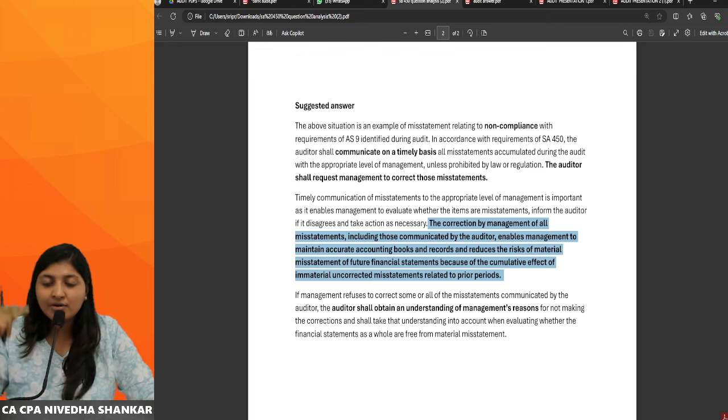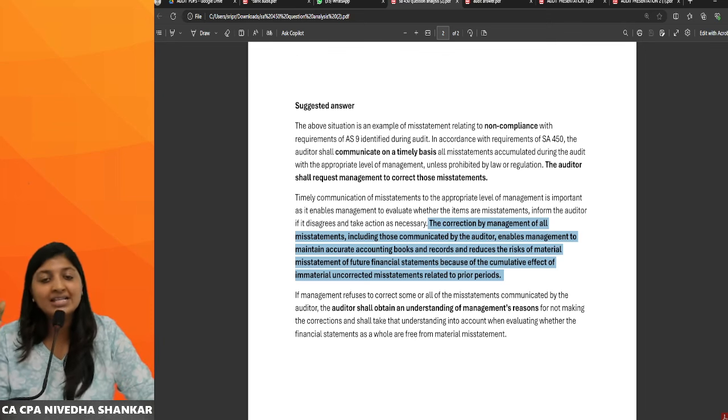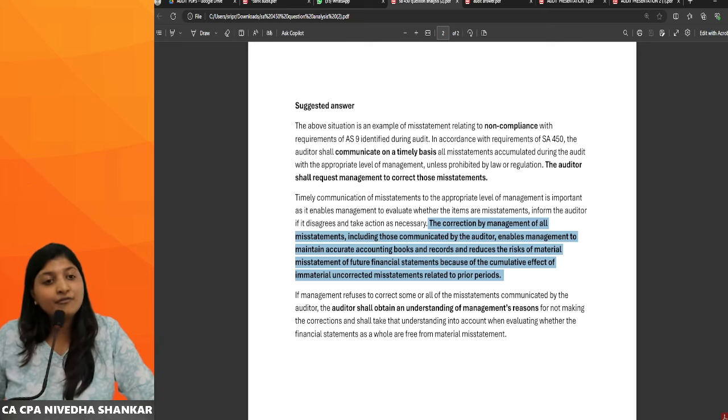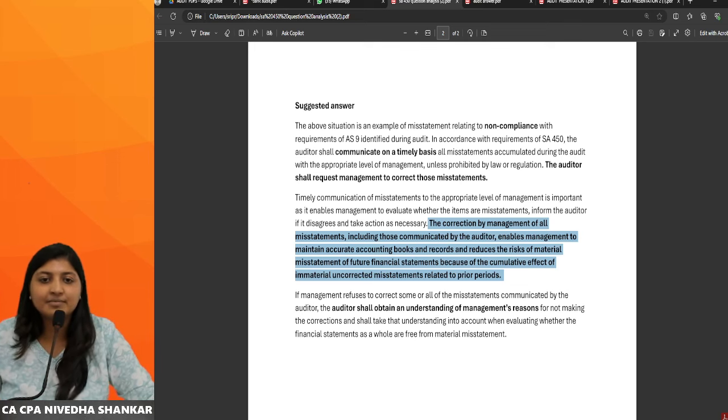If you are able to write those two points, then automatically you can connect that with the advantage, saying if I am going to talk about the prior period misstatements, it will help the management for all the what? Misstatement of future financial statements, because I am also talking about the prior period uncorrected misstatements.